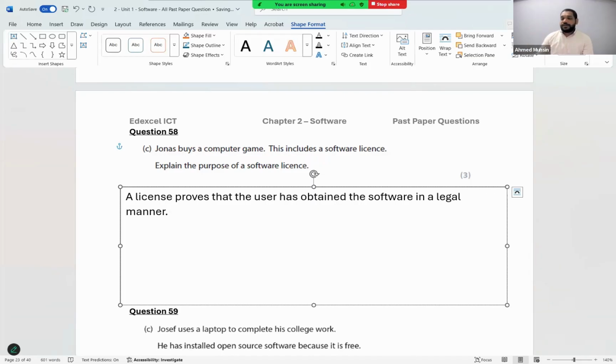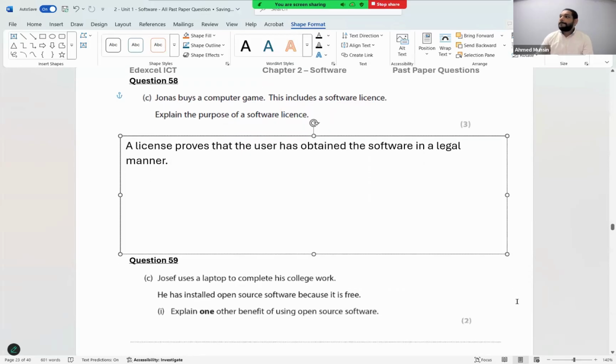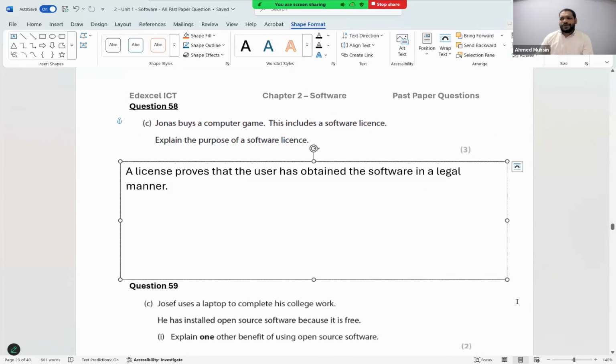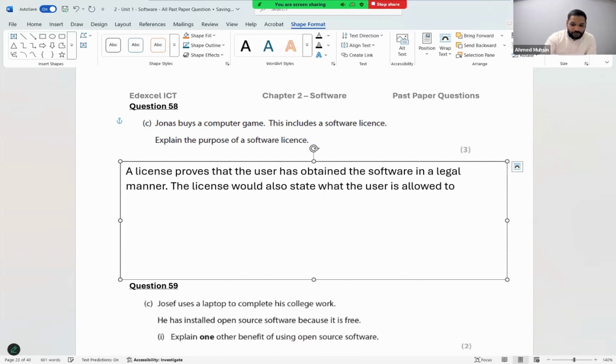Further, what else can you say? What does the license tell you? Note down your answer. Very good. The license would also state what the user is allowed to do with the software and what he is prohibited from doing.